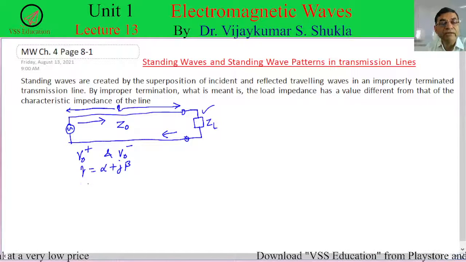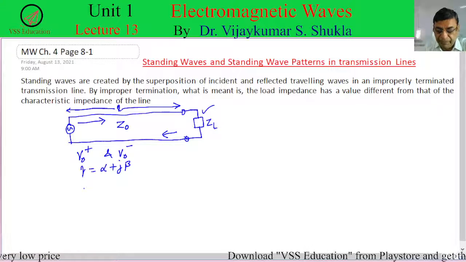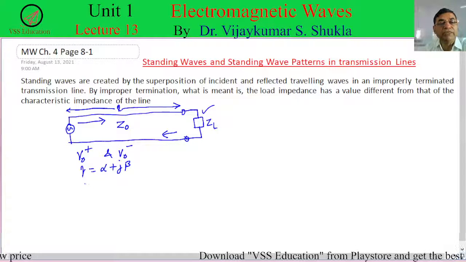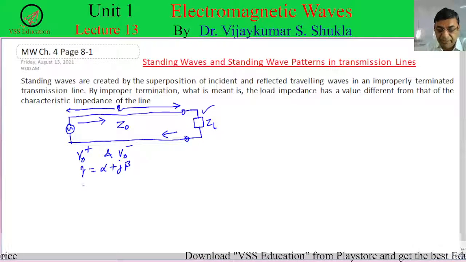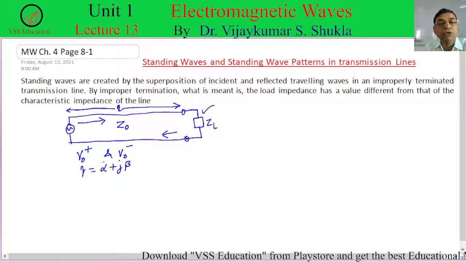Alpha is the attenuation constant and beta is the phase constant of the line. Now we want the reflection coefficient at any point Z from the sending end, and at any point D from the load end.